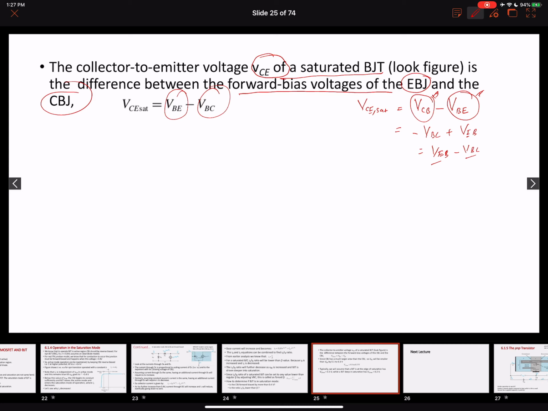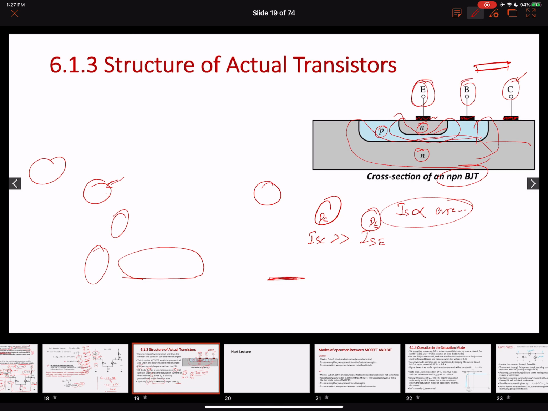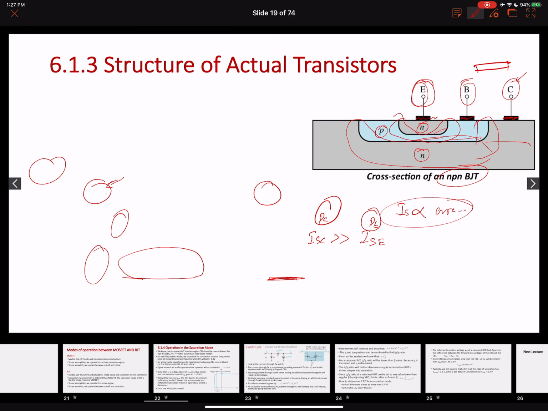Another important thing to look at is the saturated value of the collector to emitter voltage. We know that our collector to base junction area is much larger. If I go back to the structure of this transistor, our collector to base junction area is larger than the emitter to base junction area.